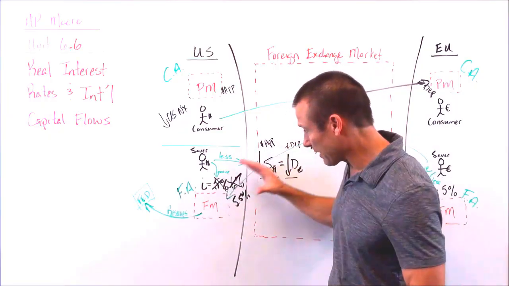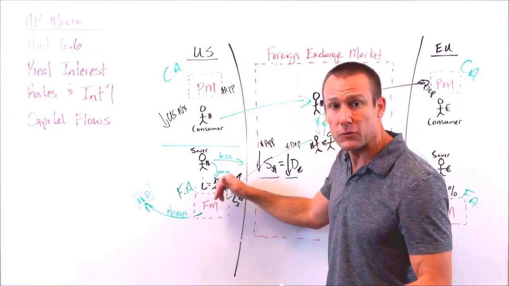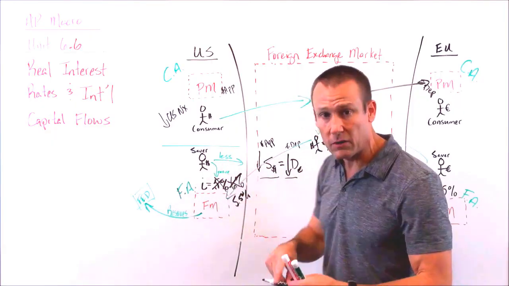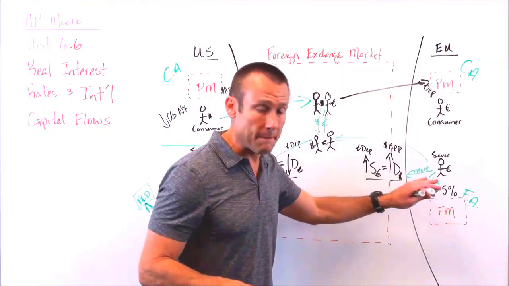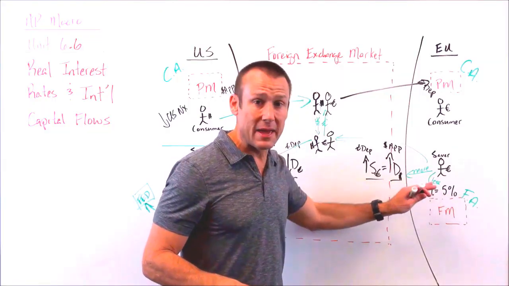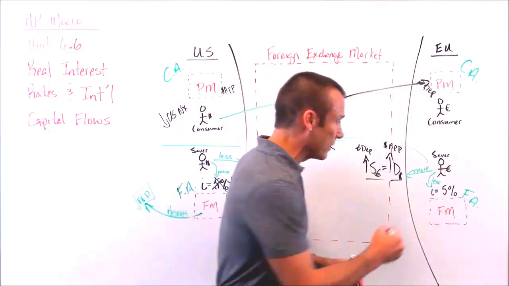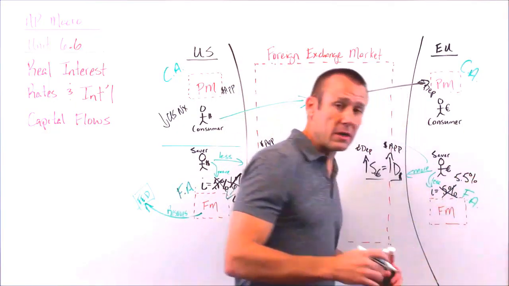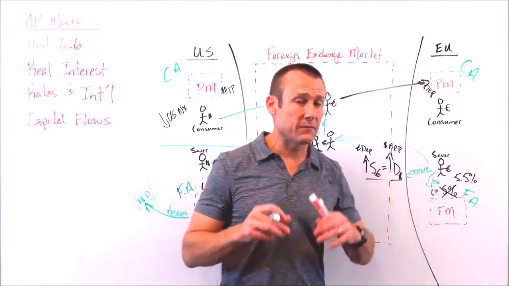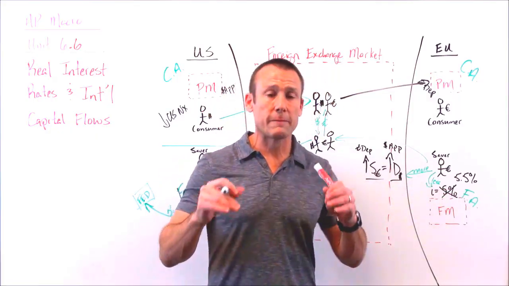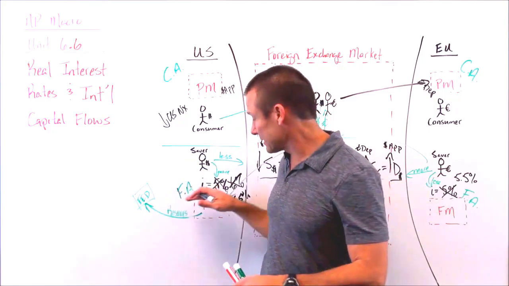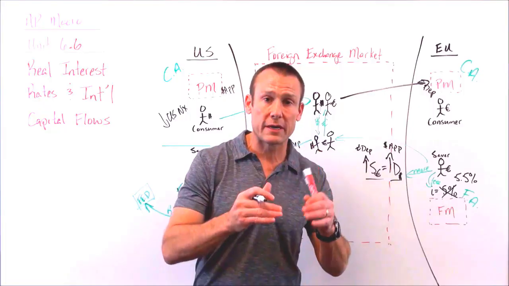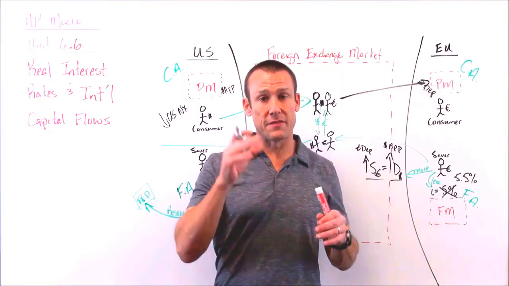Because you got this supply of loanable funds coming into this market, driving the interest rate down, and less borrowing, driving the interest rate down. And then over here, you got more borrowing, driving the interest rate up, and less supply, driving the interest rate up. So this one could head to 5.5 also. It's not so important that they both hit 5.5. If it was 5.4, 5.6, absolutely. It's just that they would come back together in equilibrium because, again, these are financial assets of similar maturity and similar risk. And that's how it works.